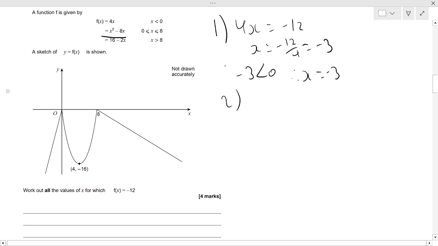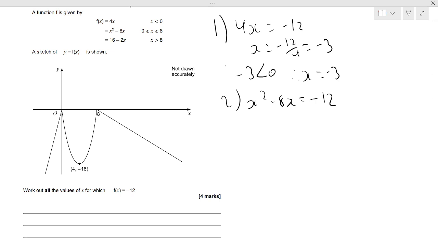And then we need to do the same for the second part. So then x squared minus 8x again has to equal minus 12. So we're going to solve this. So x squared minus 8x plus 12 equals 0. Does it factorize? Let's have a look. 12 and 1, 6 and 2.